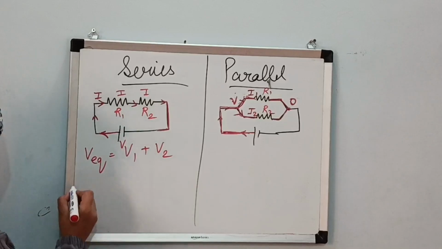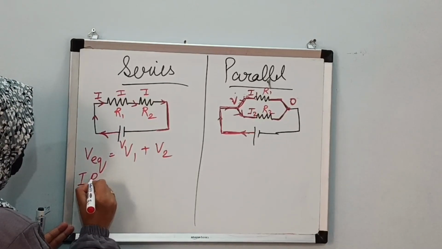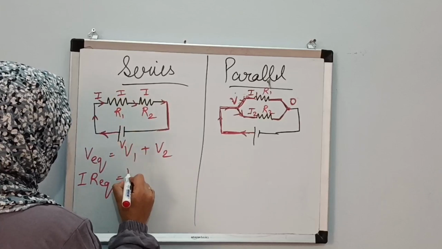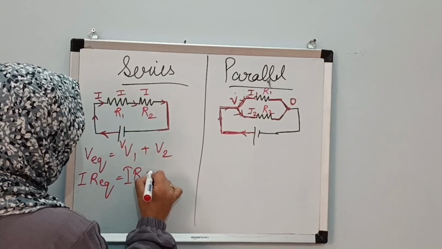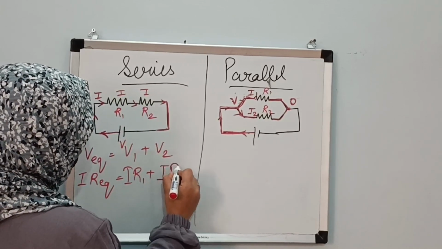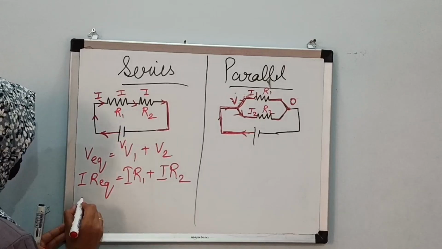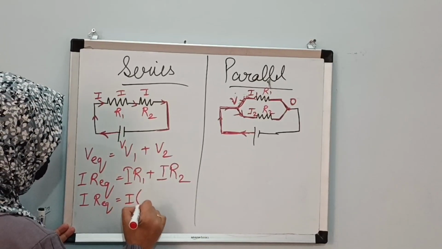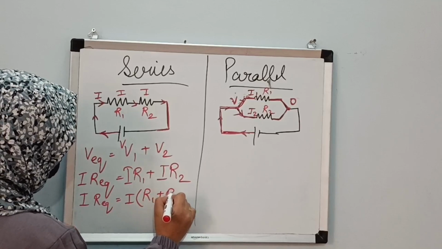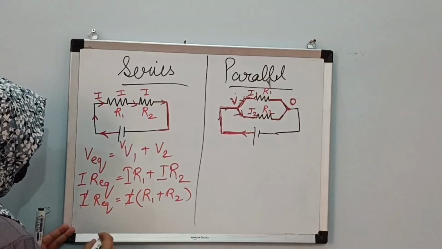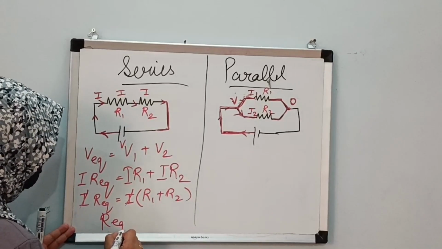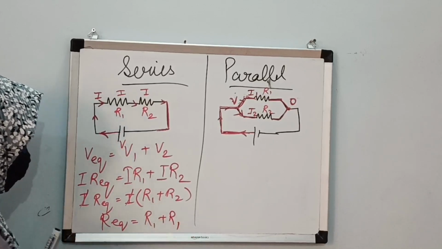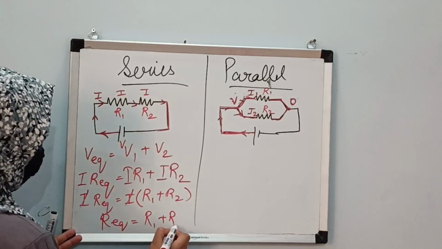All right, it means that I R equivalent is equal to V1 is I R1 plus V2 is I R2. All right, so I R equivalent is equal to I times R1 plus R2. So I cancelled. So R equivalent is equal to R1 plus R2.